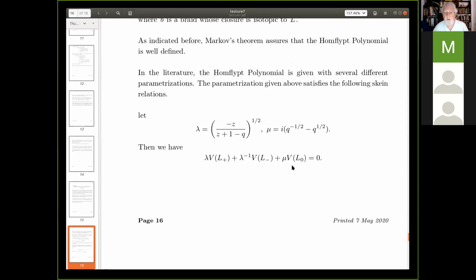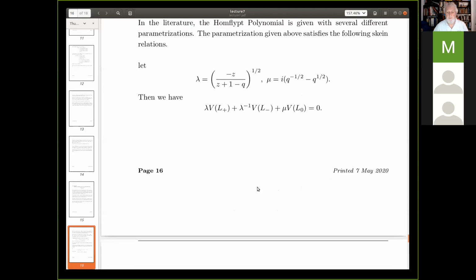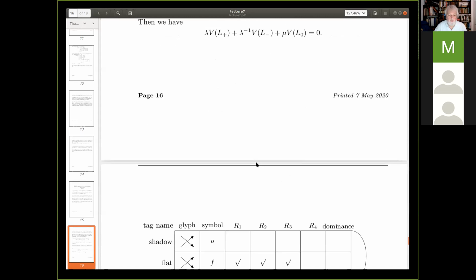So you should be able to work out how that relates to what Lou said. So that's the way we've now shown how to define the homflypt polynomial from the Hecke algebra. And nice proof, I think.